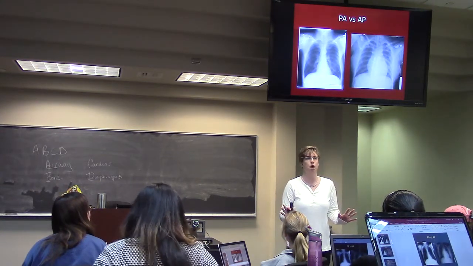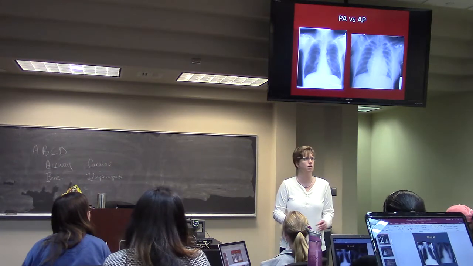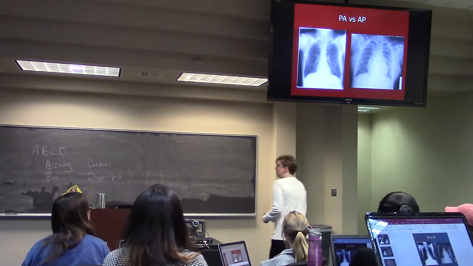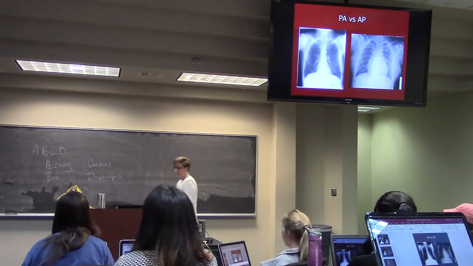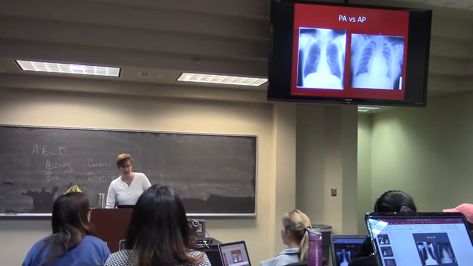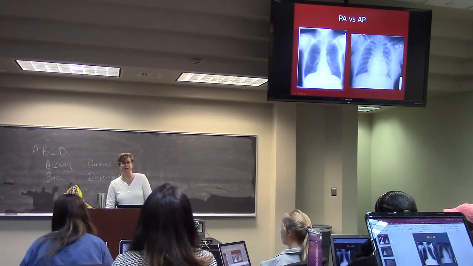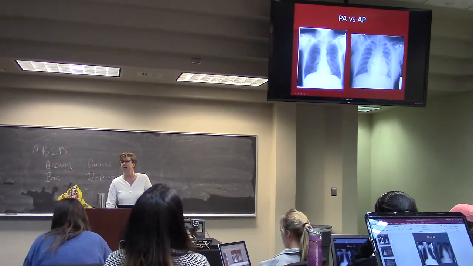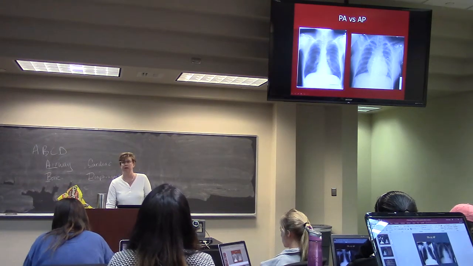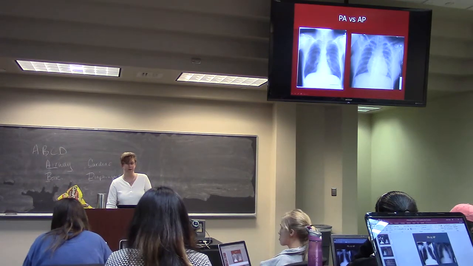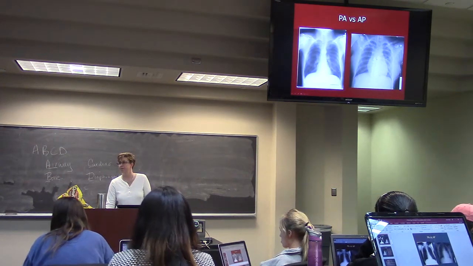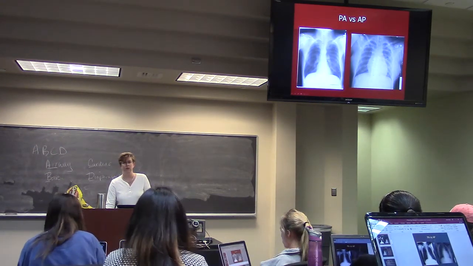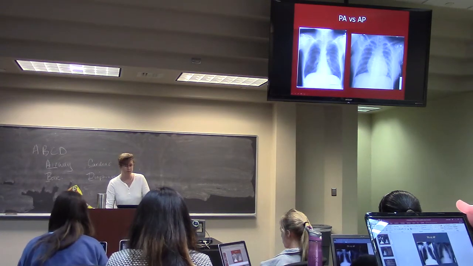Did anyone? I don't remember any of you saying that. But it should always be done. But this person has a lot of hoses and strings and wires and stuff like that, so this person is a lot more sick. And you can see that the heart looks bigger. And so this is an AP versus a PA.